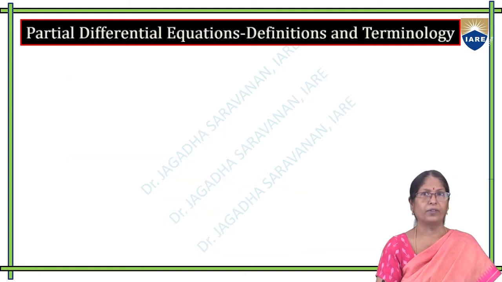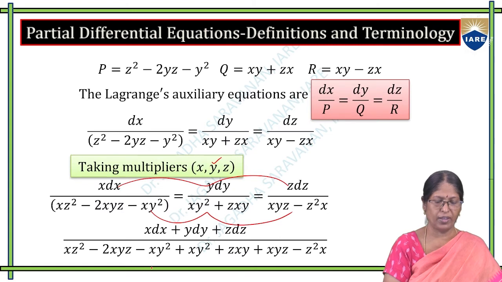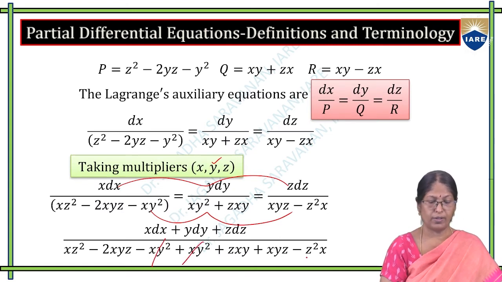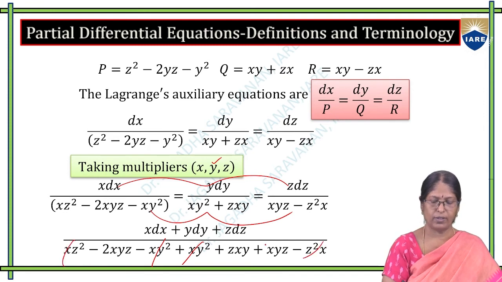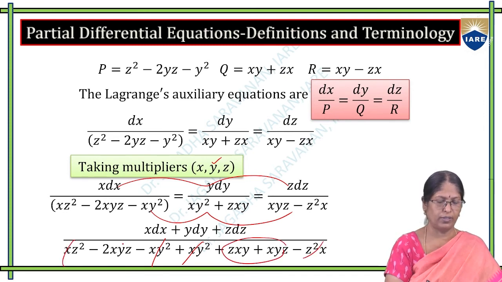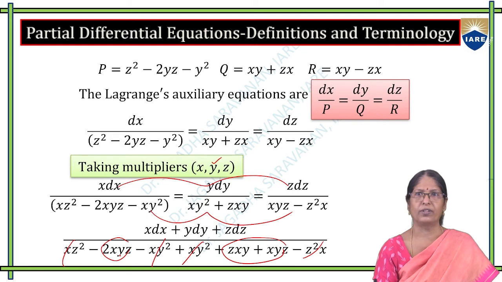When we are adding, we can see here this one and this, put together, all are getting cancelled. The result is 0.